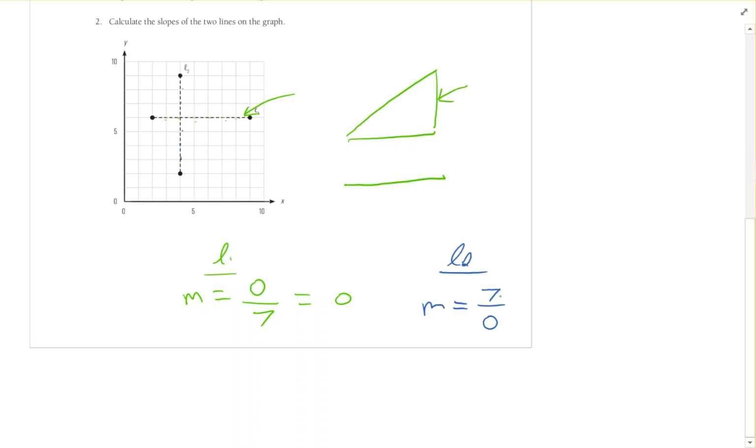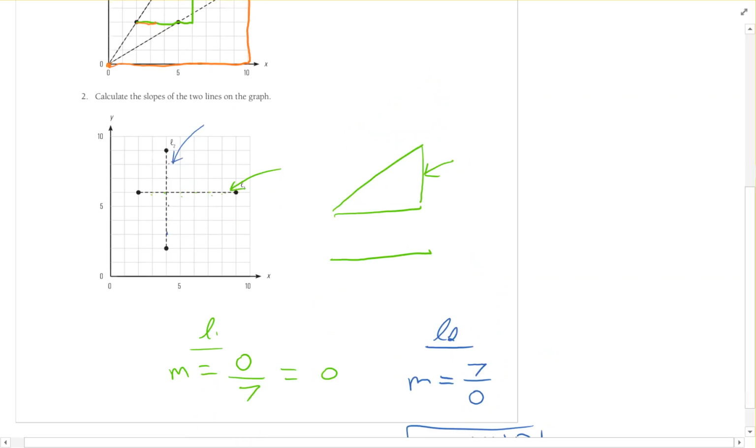If you go on your calculator and go 7 divided by 0, it's going to say undefined or error or something like that. That's because you can't divide a number by 0. It doesn't actually work. You could think about it as being infinitely sloped, or you could just say undefined. UND is sometimes how we write undefined. So you can't really say this thing even has a slope. Or you could say it has an infinite slope. It's kind of hard to even think about it.